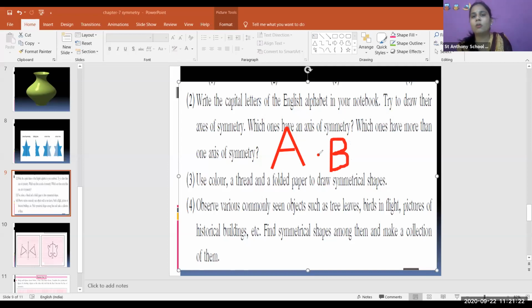B has how many axes of symmetry? It also has one axis of symmetry. So in this way you have to draw all the alphabets from A to Z.